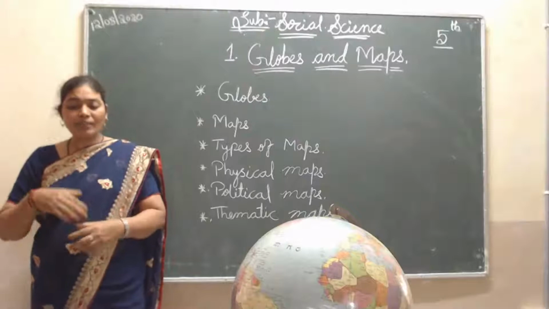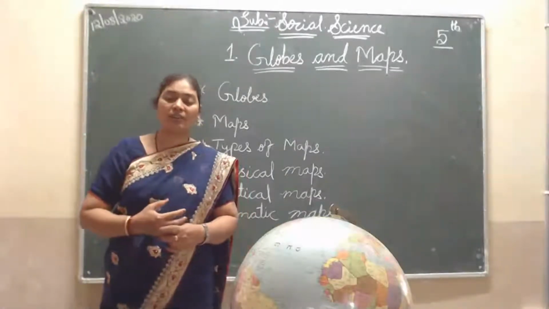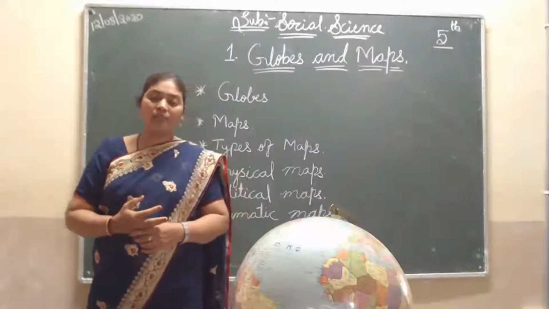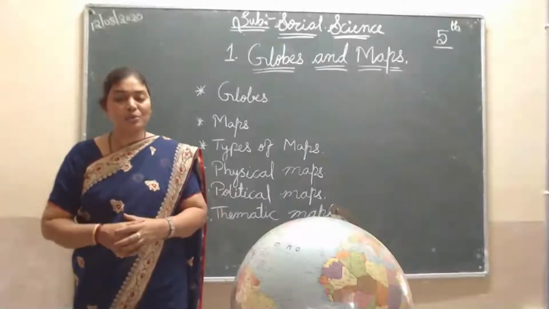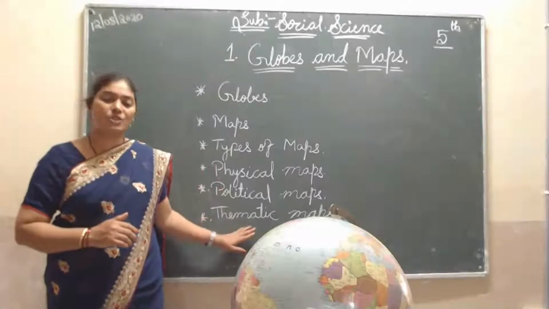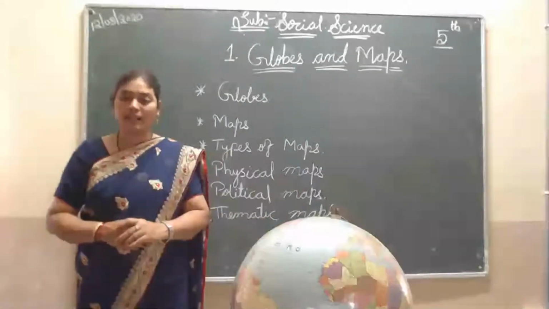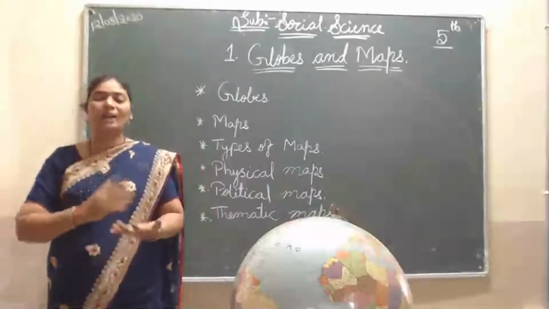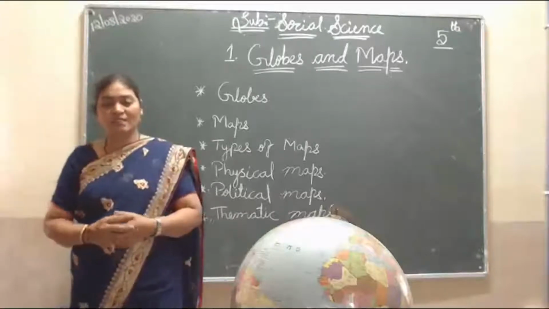Natural vegetation means how much forest area we have, maybe in our state, our town, or our country, whichever map we are taking. They show how much vegetation area is covered in our country, our state, or our city. They are giving the information of all these things.